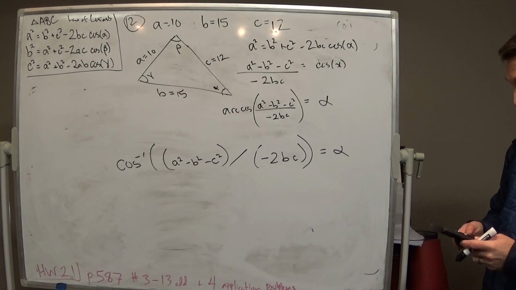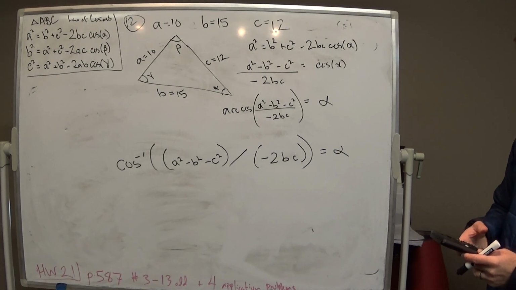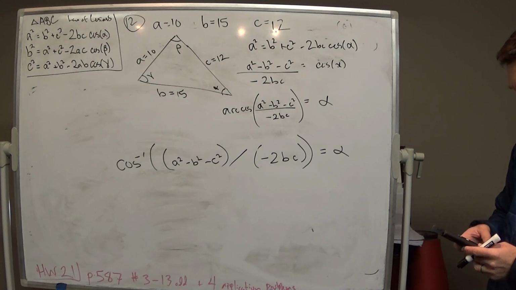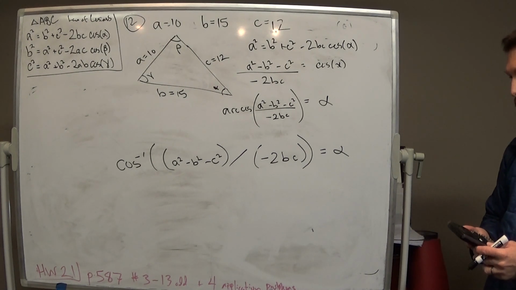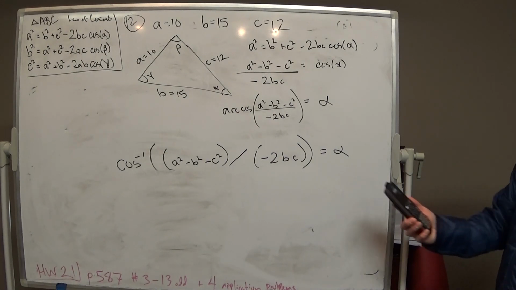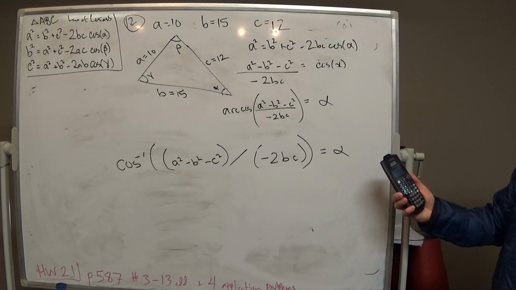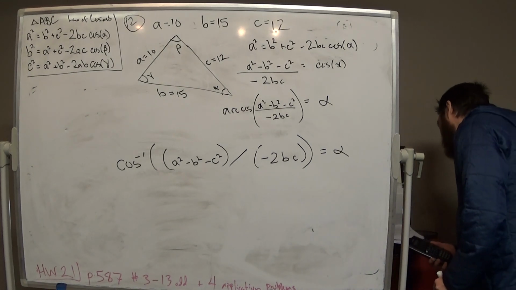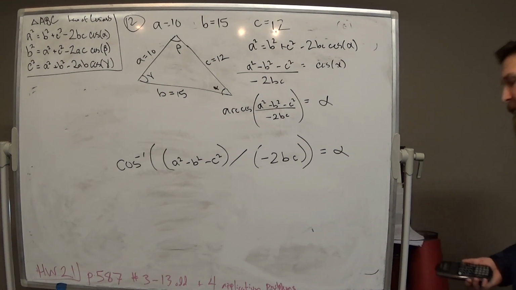Negative 2 times B is 15 times C is 12. One downside to this method is if you did mess something up, it's harder to find where, especially here because you can't get a full readout on this calculator. But let's see what I got for alpha. That is absolutely what I got for alpha, so I feel good about this.